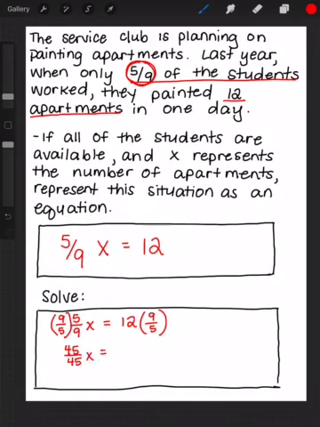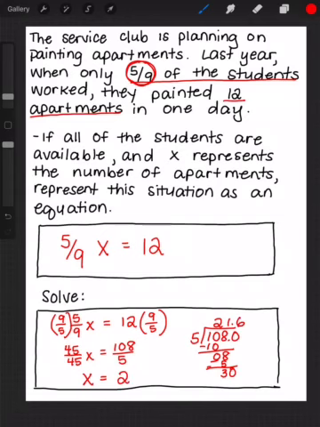Okay, so that gives me 45/45x equals 108/5. So that gives me 1x equals 108 divided by 5, which is 21.6.